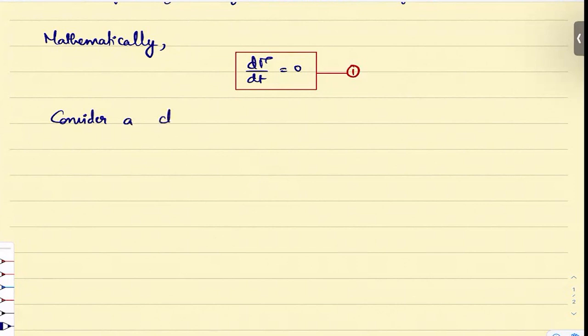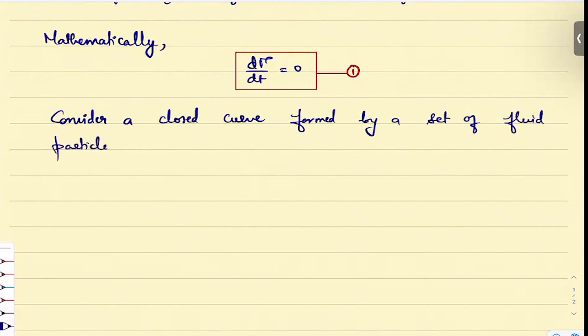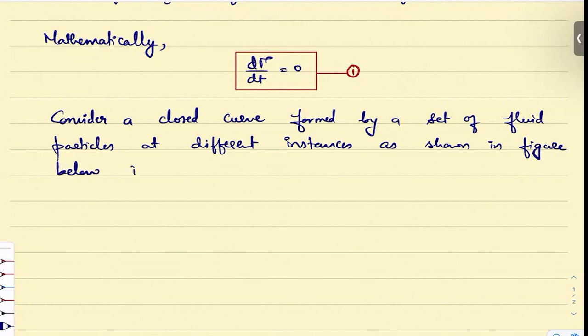First, you consider a closed curve formed by a set of fluid particles at two different instances, meaning time, as shown in the figure below in the flow field.